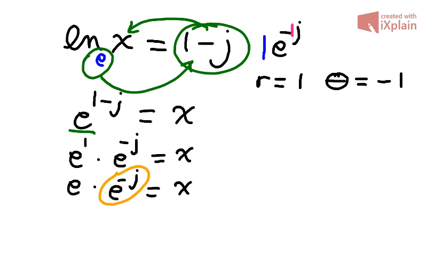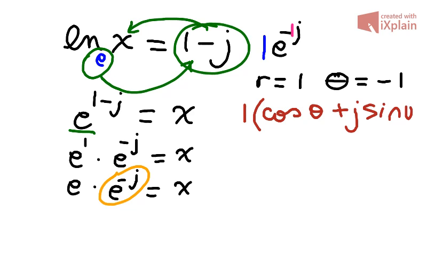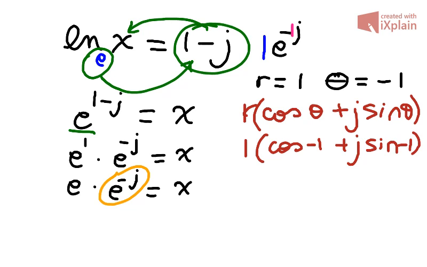To get this rewritten in rectangular form, we will use the radius 1 outside the brackets, and then we'll use cosine of theta plus j sine theta. So this one was the radius, so I'll do it again. 1 multiplied by cosine of negative 1 plus j sine of negative 1.